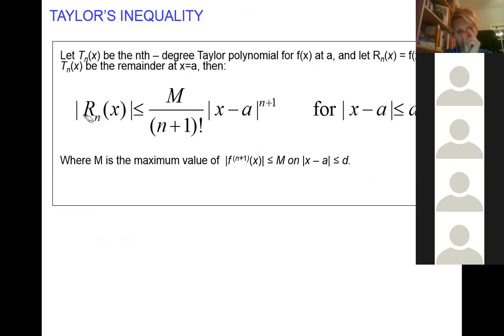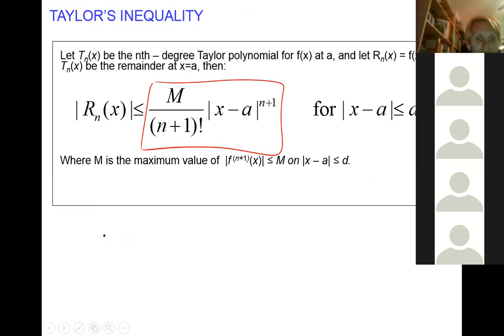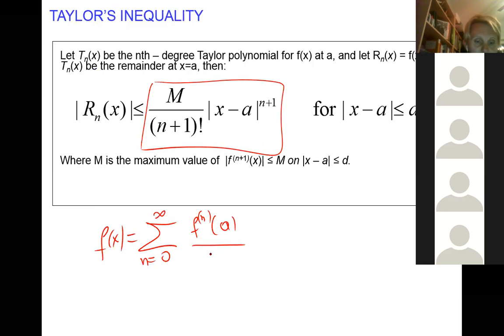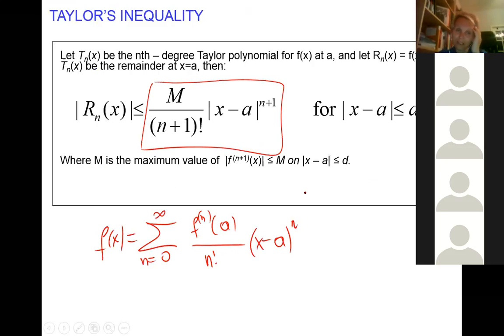To approximate this small error, we know that this error is less than this big formula. Let me just write the Taylor formula one more time. It's the nth derivative at a, over n factorial, times x minus a to the power of n. And hopefully you also remember a little bit from the alternating series estimation theorem.